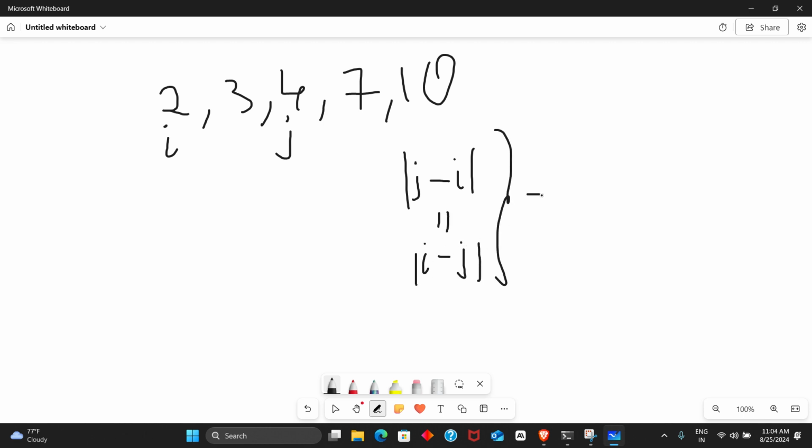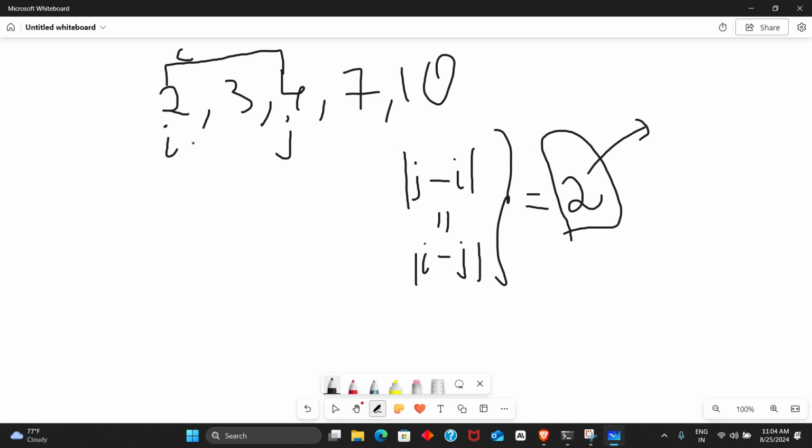Which is equal to 4 minus 2, which is 2, right? So basically, the distance between these two points I and J is 2, and we will say these 2 points are the closest when this number is the smallest that we can calculate.